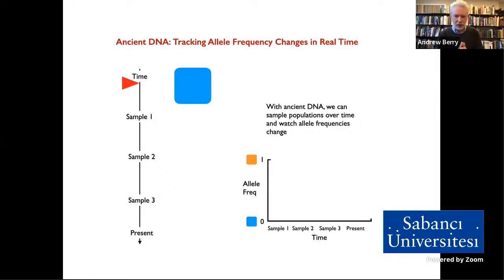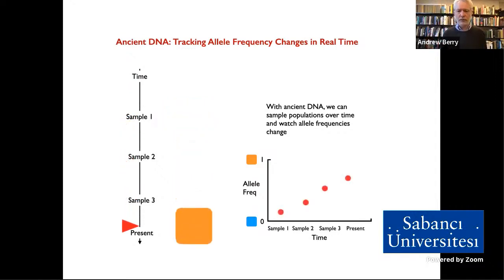Eventually over time, frequency increases to the orange state. So the population is going from blue to orange in terms of frequency. We're actually watching evolution unroll, if you like, in real time, courtesy of our time machine.